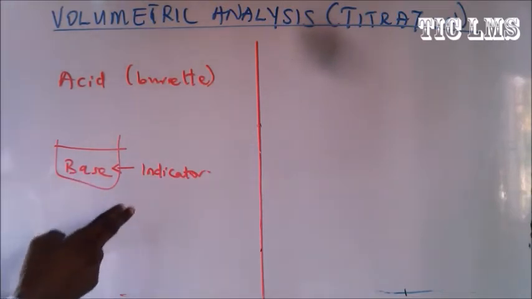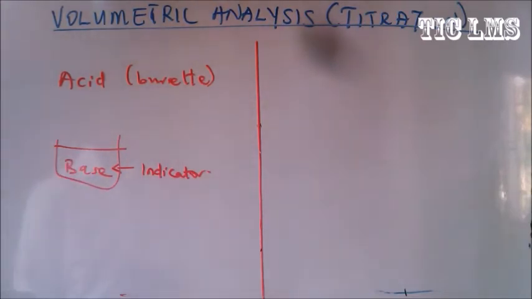Perhaps the color of the indicator that was put there was blue, and there will be a sudden change from that blue to red. And when that sudden change exists, the drops of acid will have to stop, because that indicates the end point of this reaction. And the end point of this reaction is the neutralization point.